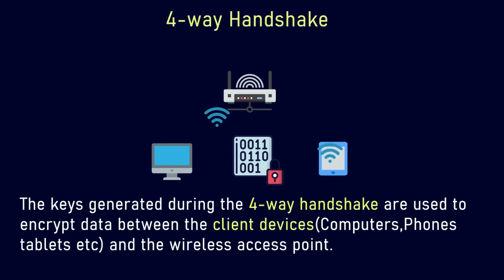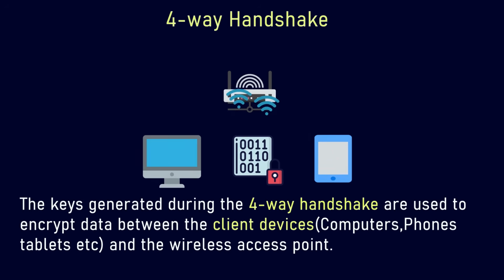The four-way handshake establishes a secure connection between the client device and a wireless network so they can communicate securely over an encrypted channel. After a successful four-way handshake, the client device and the wireless access point can communicate securely.